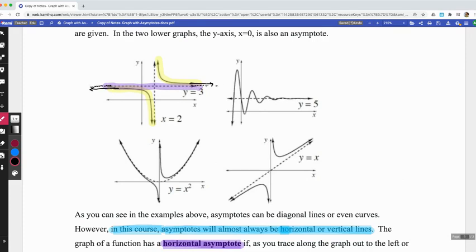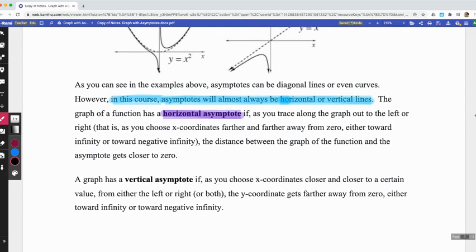When you look at it on a graph, it's going to look like it's going to touch because it's trying to get closer and closer to it. So it's going to look like they touch, but they're actually infinitely close to each other, but not touching, okay? So that's a horizontal asymptote.